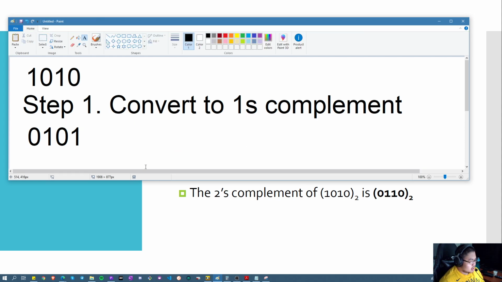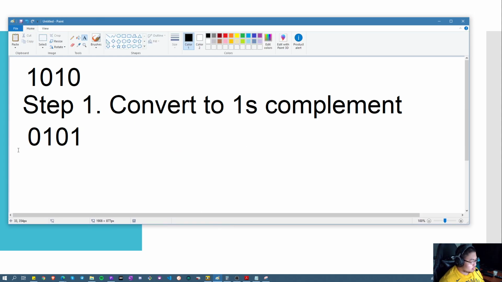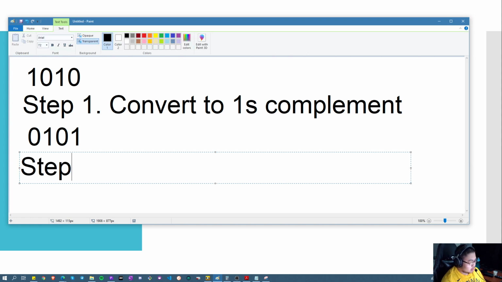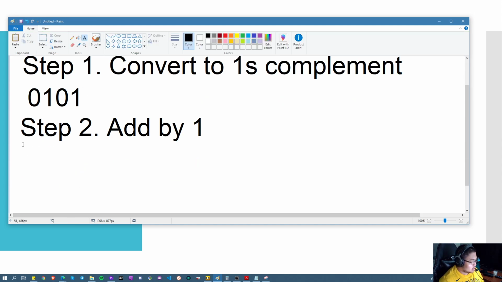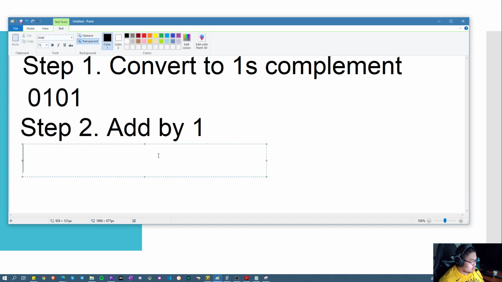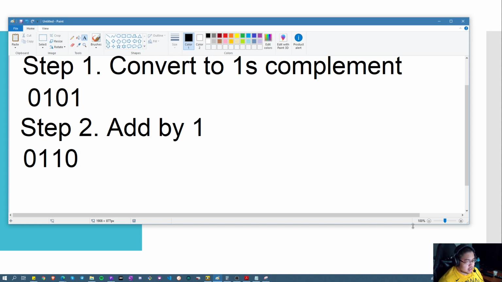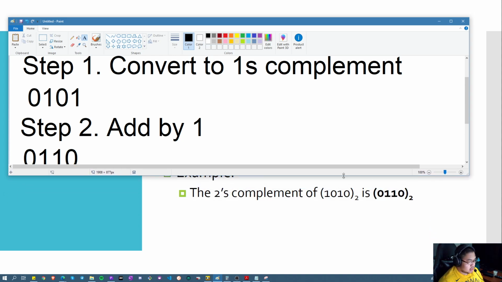Step 2: add 1. So again, how do we add 1? This one is 0101. If you add 1 here, it will become 10, so carry 1 here on top. So the answer is 0110. That's just how we get the two's complement. So yes, you can see the answer is 0110.